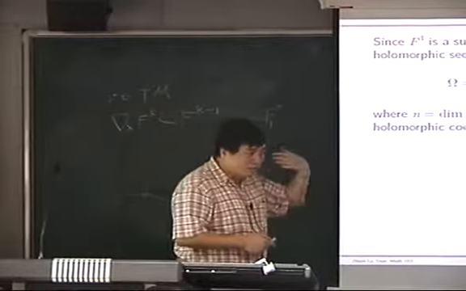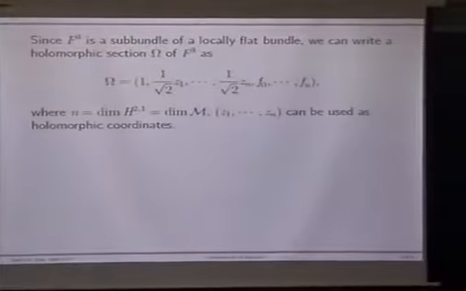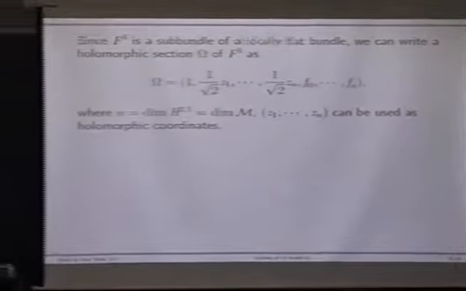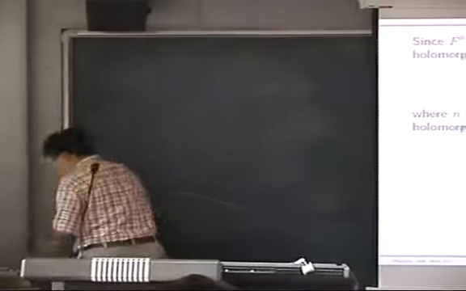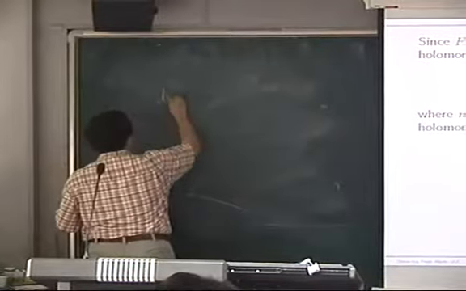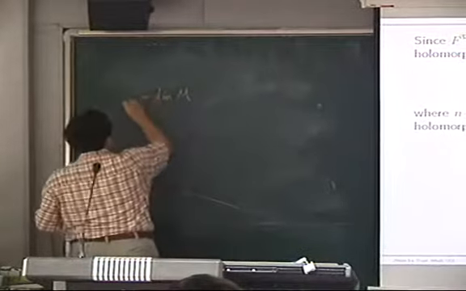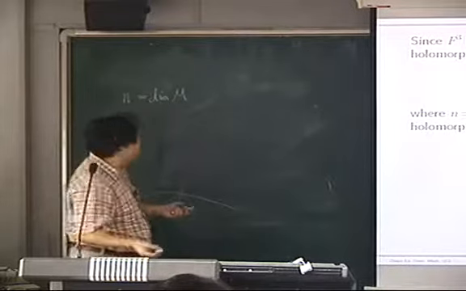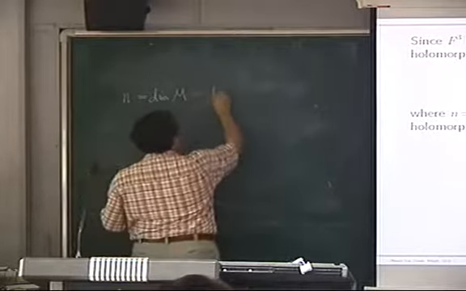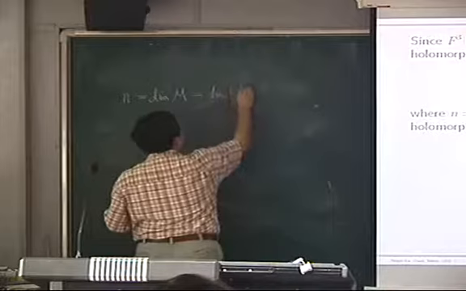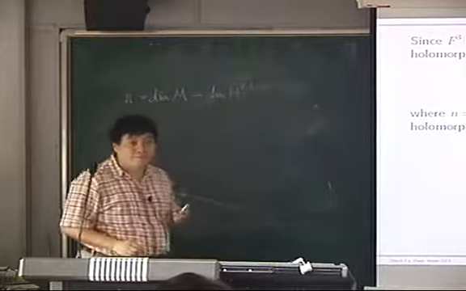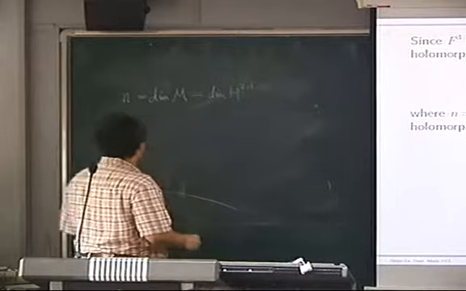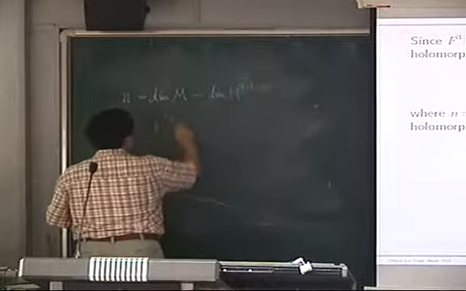It's a constant bundle. We assume that the dimension of the moduli space is equal to n. And because it's a Calabi-Yau threefold, the dimension of M is equal to the dimension of H^{2,1}. And so F3 is sitting in F0.